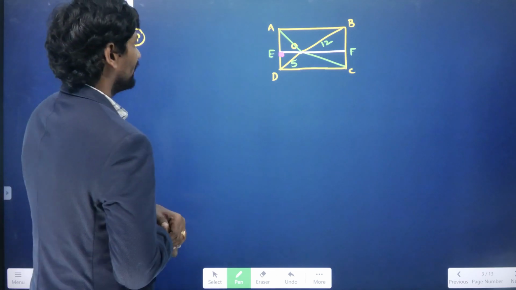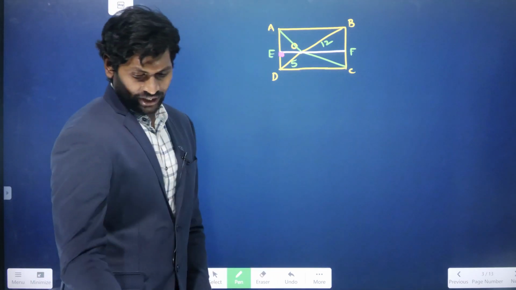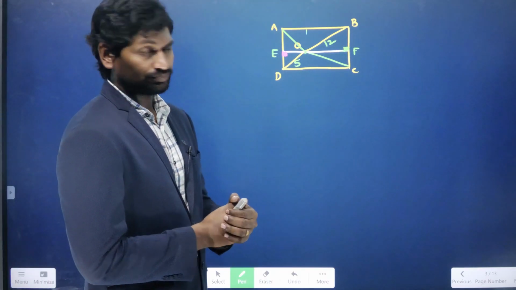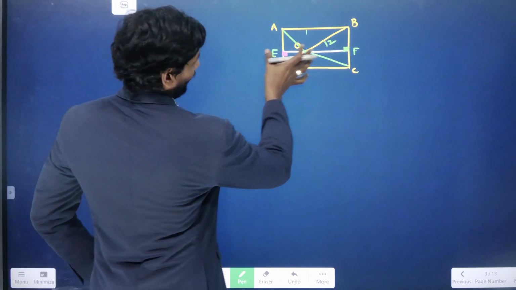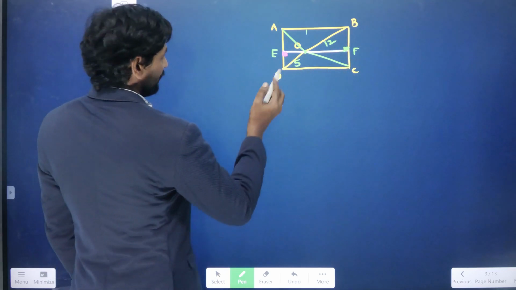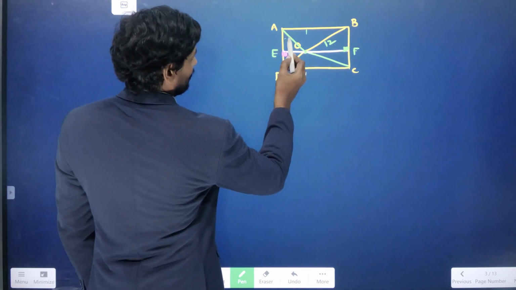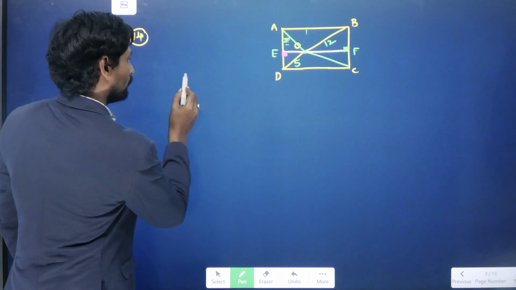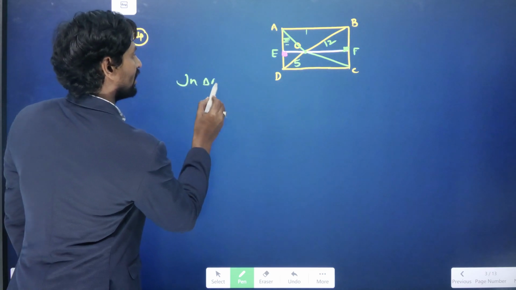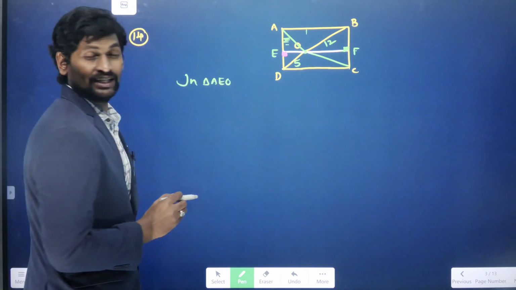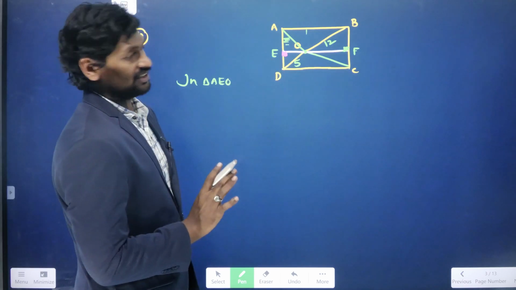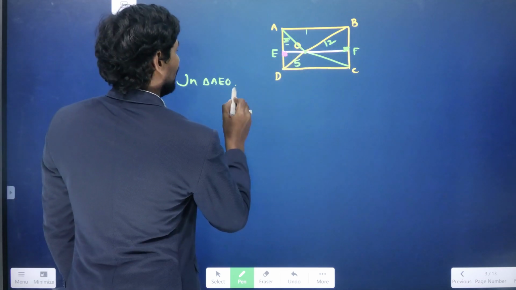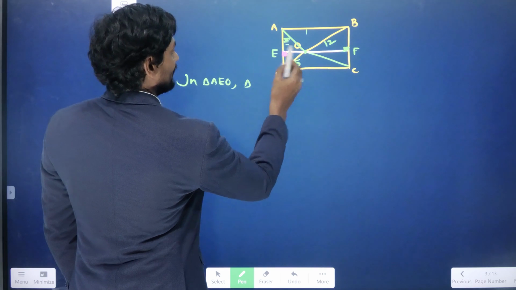Okay, right. Now, do we know any one of the sides here actually? Let us see this. So we have taken a parallel line, right? So I am identifying the triangle AEO. In triangle AEO there is a right angle at E. The same way here, triangle DEO.